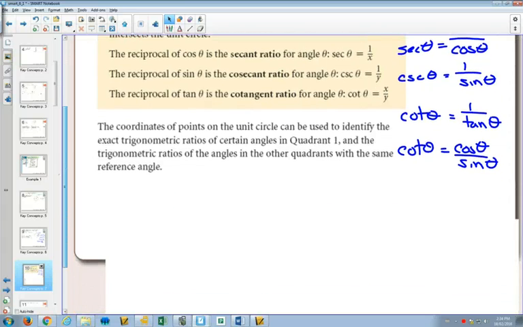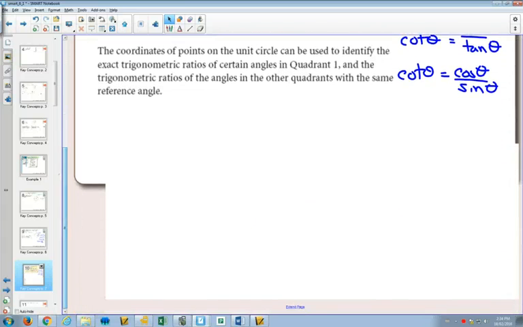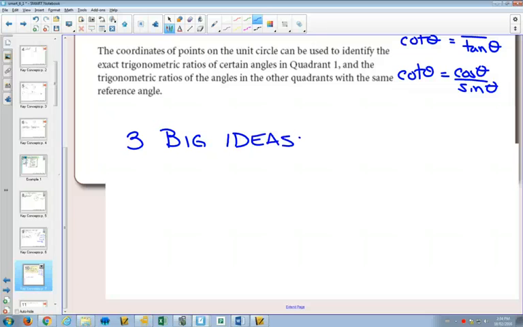Okay. Now at the bottom of your page, you've got some space there. And what we're going to do right now is summarize three big ideas that we're going to use throughout this unit, and the next unit as well.